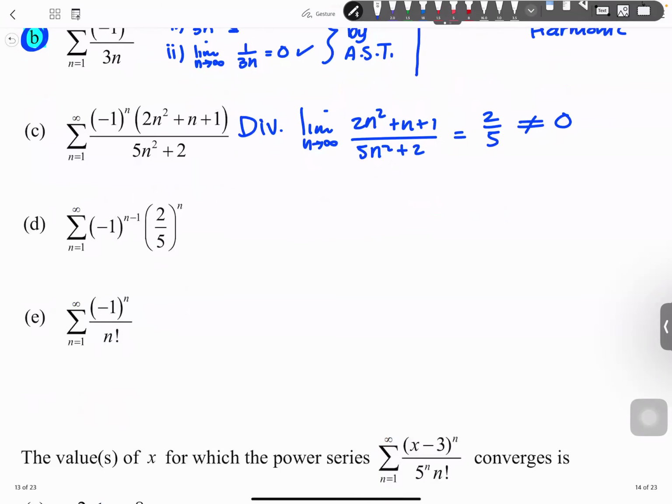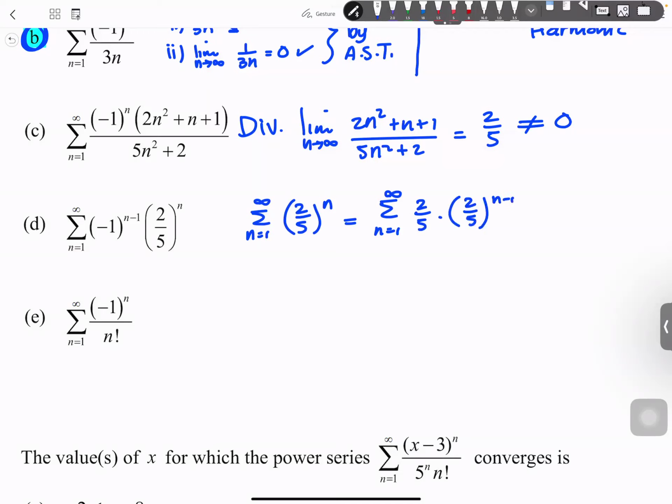How about D? We have the sum of (-1)^(n-1) times 2 over 5 to the power n. I tell you what, take the alternating component away and see if it still converges, right? So if you look at the sum from n equals 1 to infinity of 2 over 5 to the power n, we could write this as the sum of 2 over 5 times (2 over 5) to the power n minus 1.